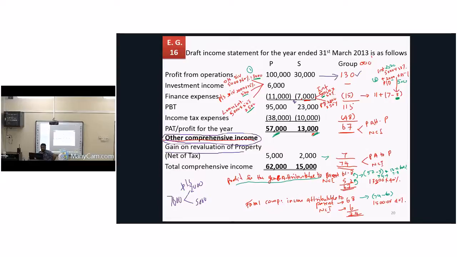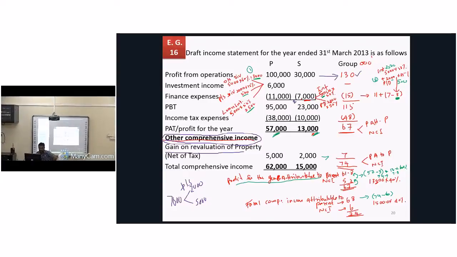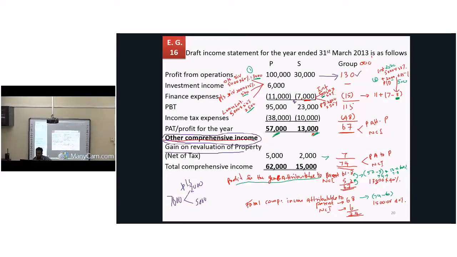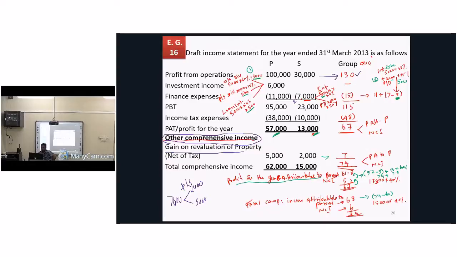Also parent bought some preference shares. Also parent gave loan.